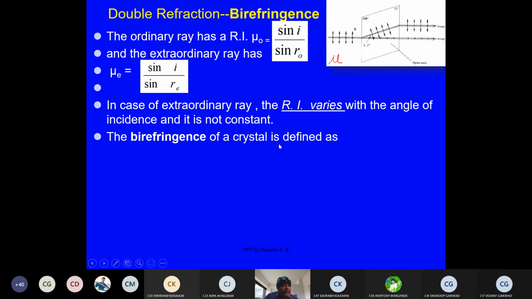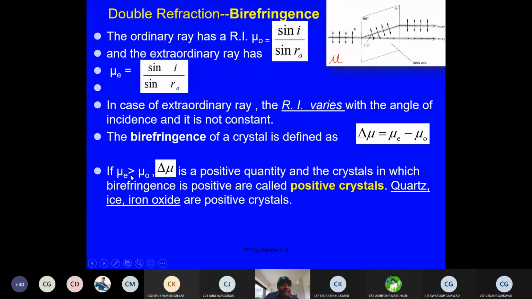The birefringence of a crystal is defined as delta mu equal to mu E minus mu O. That is, birefringence is simply the difference between the refractive indices of the extraordinary and ordinary ray. That is called birefringence. It will have some value without any unit.